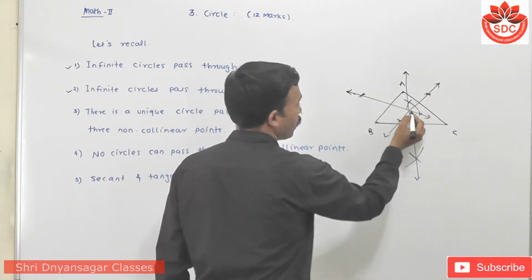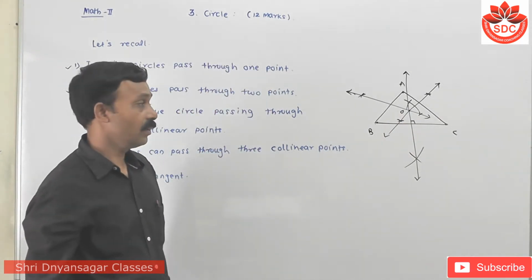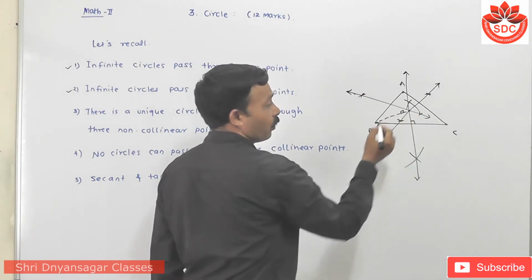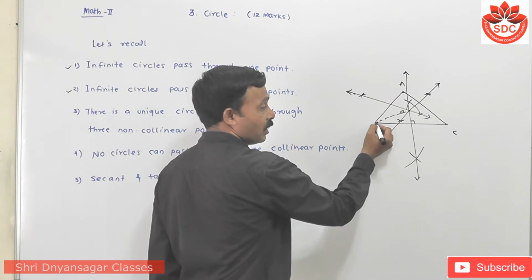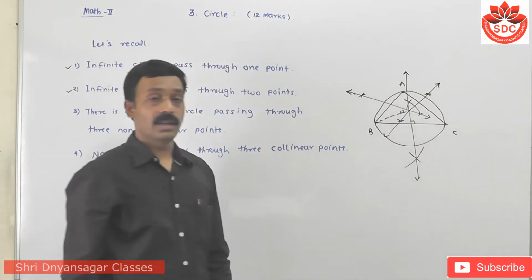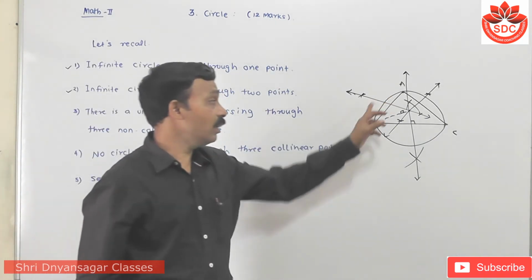Now suppose these 3 perpendicular bisectors intersect at 1 point named O, called the circumcenter. Then take any one distance, OA, OB or OC. Place the compass point on O and take the distance up to B. Draw the circle, which passes through A, B and C. This is the circle passing through these 3 non-collinear points.